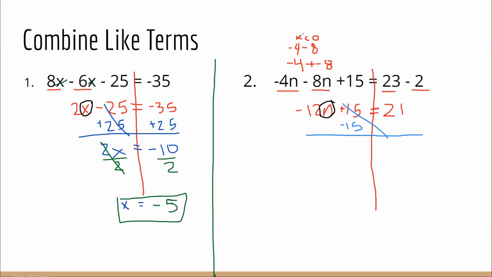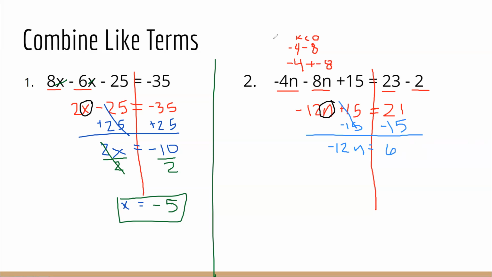Whatever I do to one side, I have to do it to the other side. And so since I subtracted 15 over here, I've got to subtract 15 over there. On that left side, I still have my negative 12n. On the right side, I've got 21 minus 15, which is going to give me a 6.